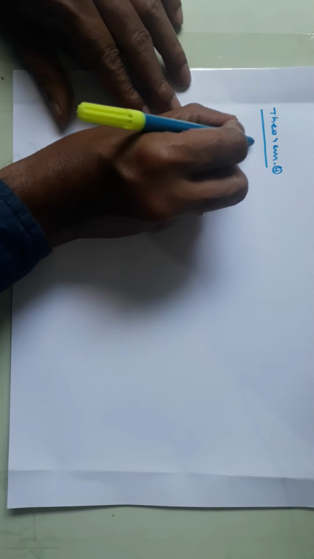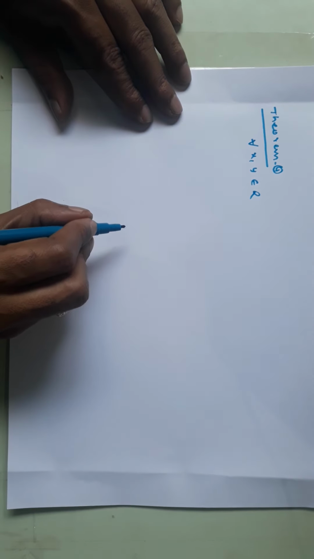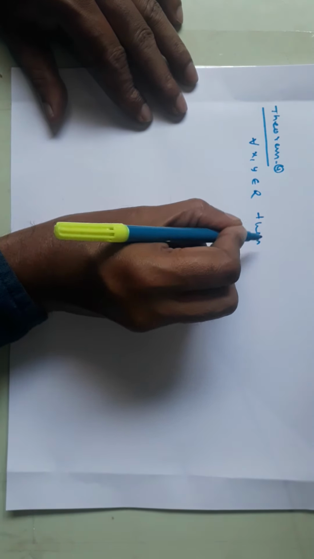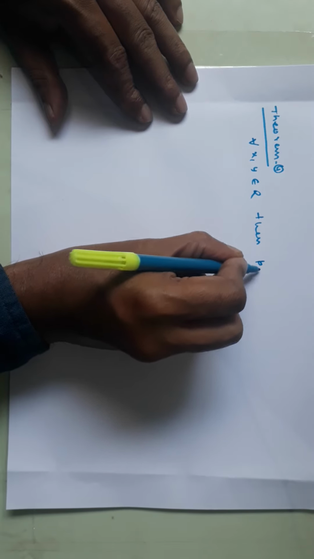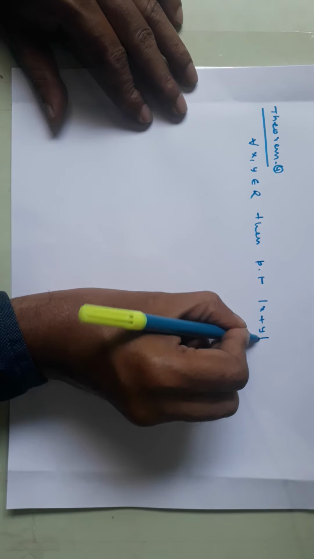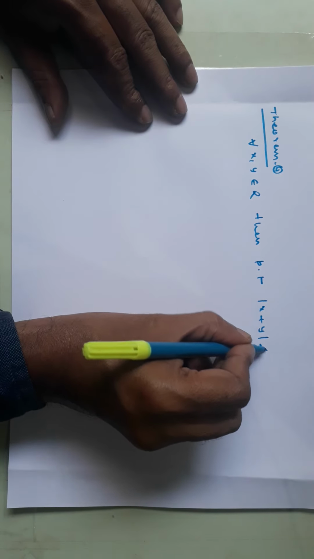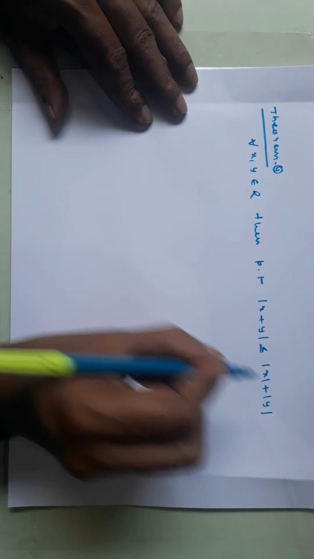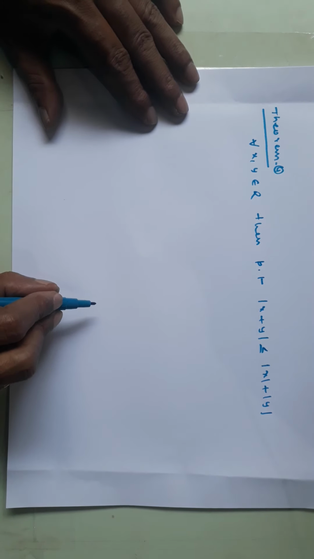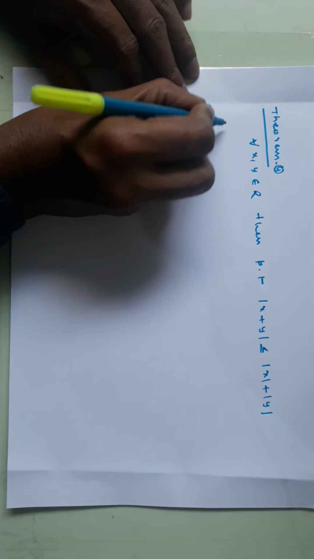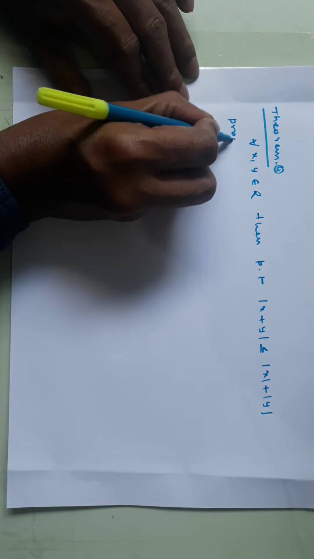For all x comma y belongs to R, then prove that mod x plus y is less than or equal to mod x plus mod y. As an important theorem, many times it was in examination. Right, proof.